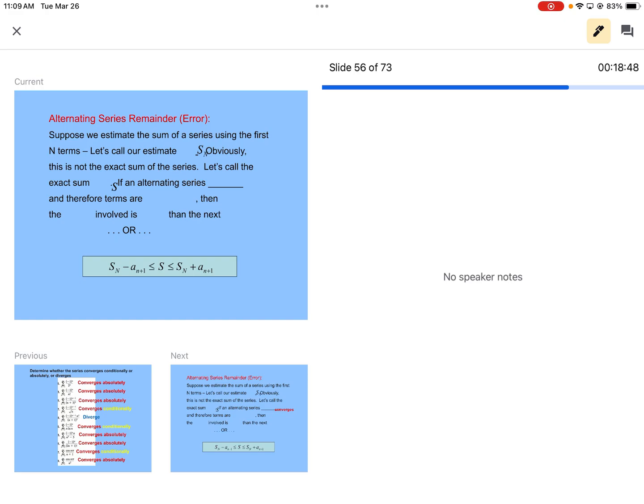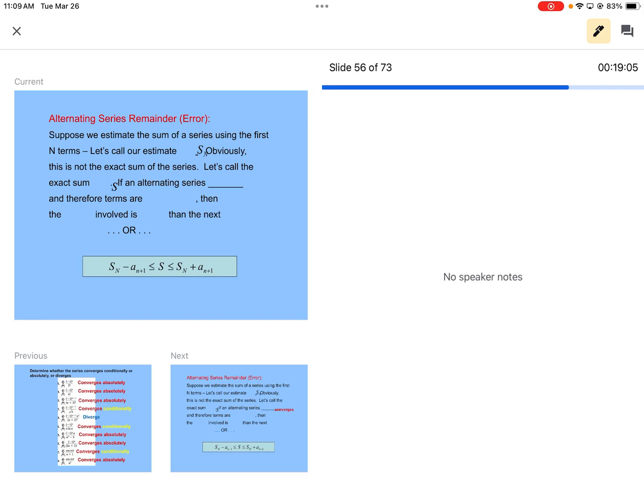So we would call our estimate S sub n. This is obviously not the exact sum of the series. It's just a decent estimation because eventually, especially if a series is converging, those terms are not going to make a huge difference the further out you get, right?